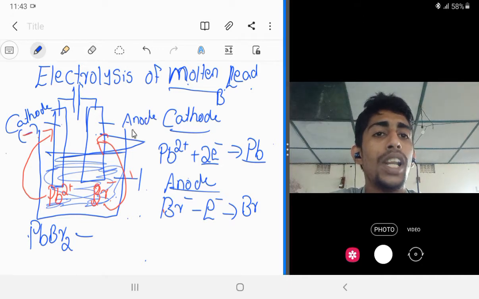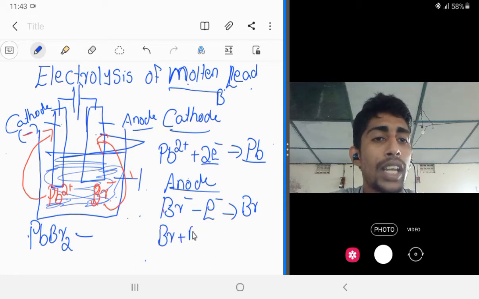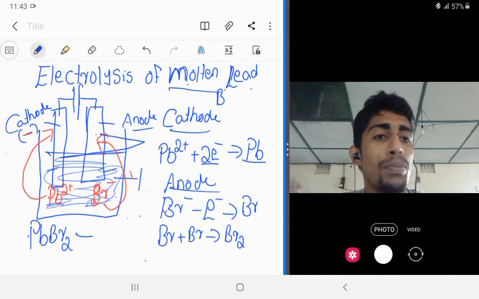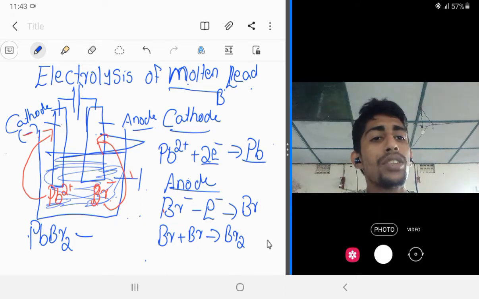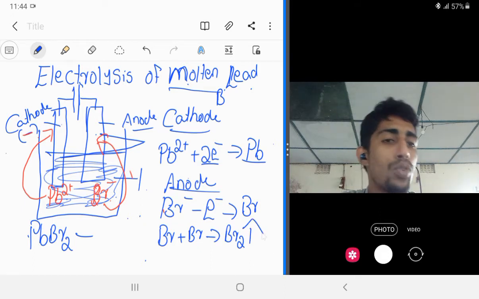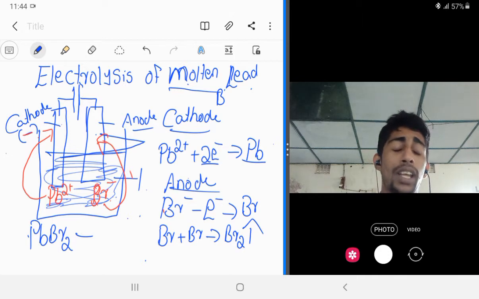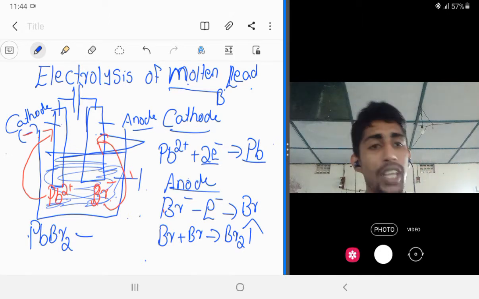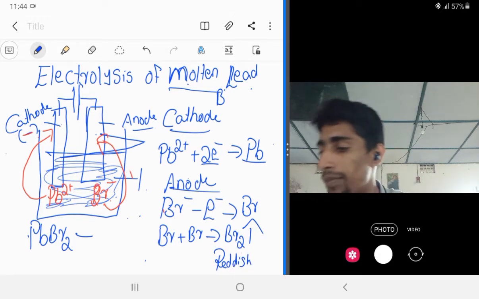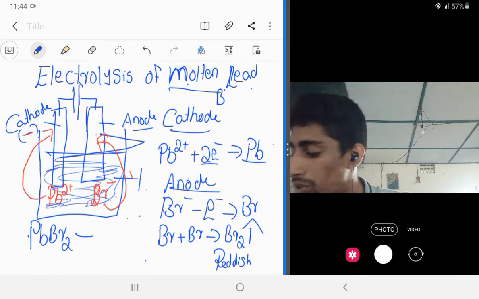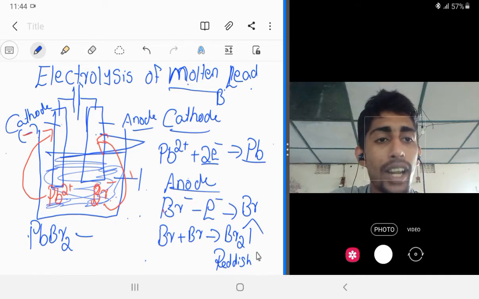Then 2 bromine atoms will combine and form a bromine molecule, meaning bromine gas. It will move to the atmosphere with a reddish brown color.